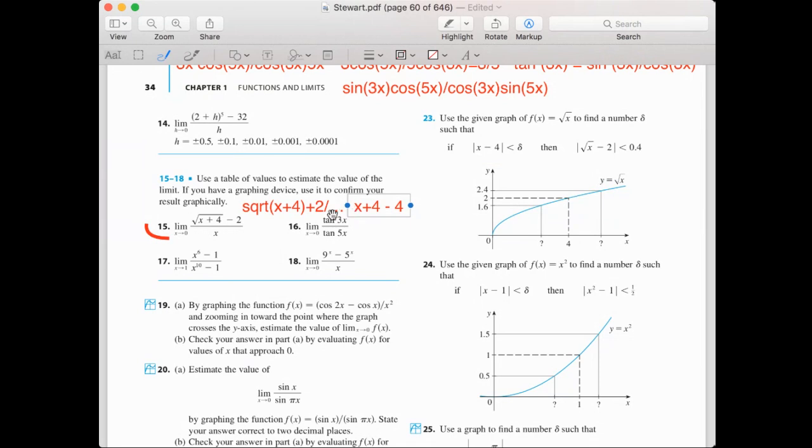So the numerator becomes x. Then x is simplified with the denominator x. So the whole thing becomes 1 over the square root of x plus 4 plus 2.